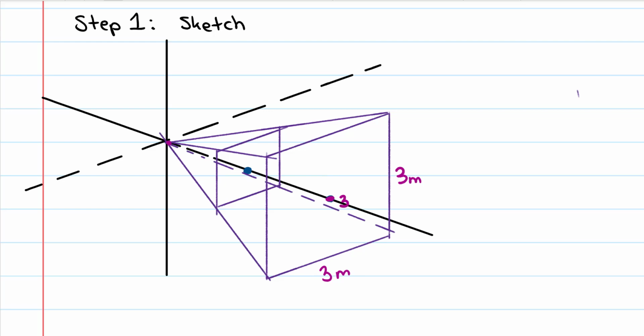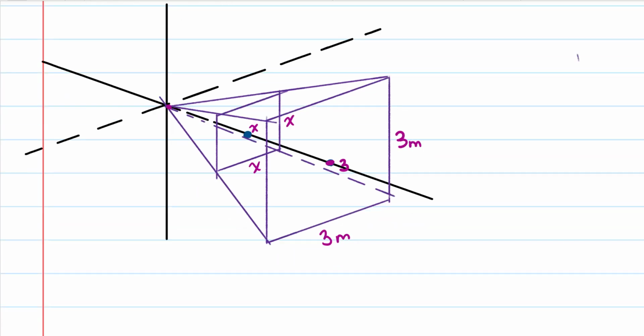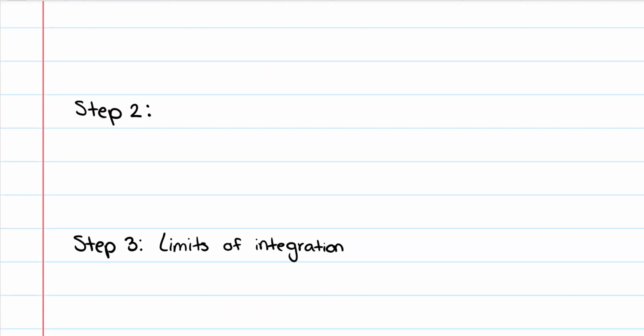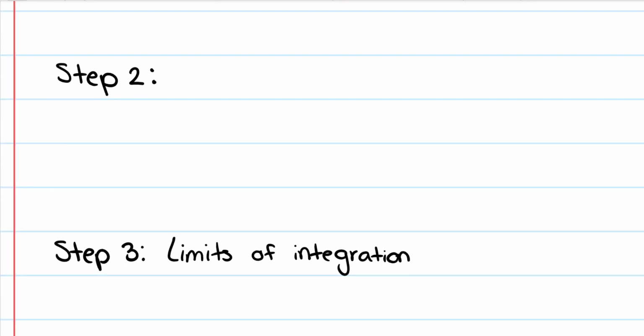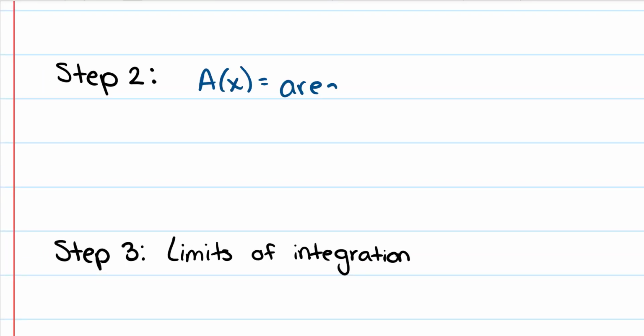So what we need to do is determine the area of any cross-section. I'm going to call this point right here x, which means that this is an x by x square. Step 2: A of x is equal to the area of each cross-section.